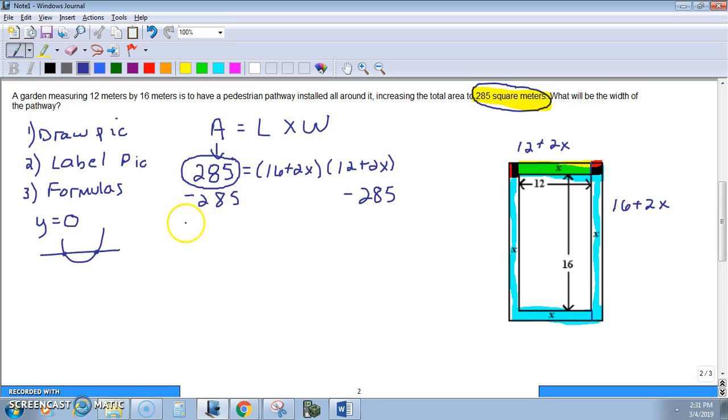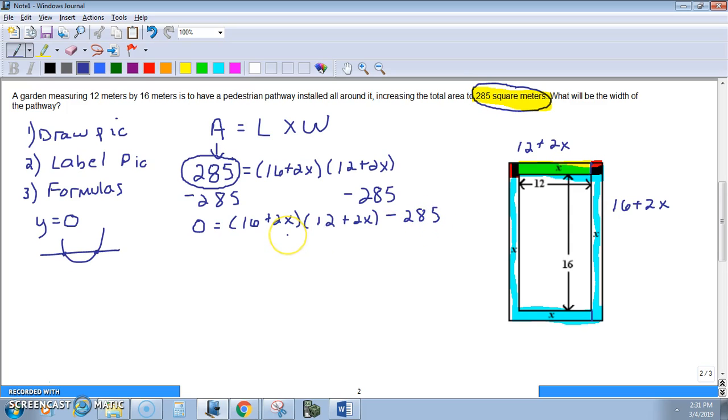And that makes this 0, or we could put y in later, equal to 16 plus 2x times 12 plus 2x, and then we'll just tack on this minus 285. Now, if you're using a calculator, don't even worry about doing any more computations, because you could accidentally mess it up.